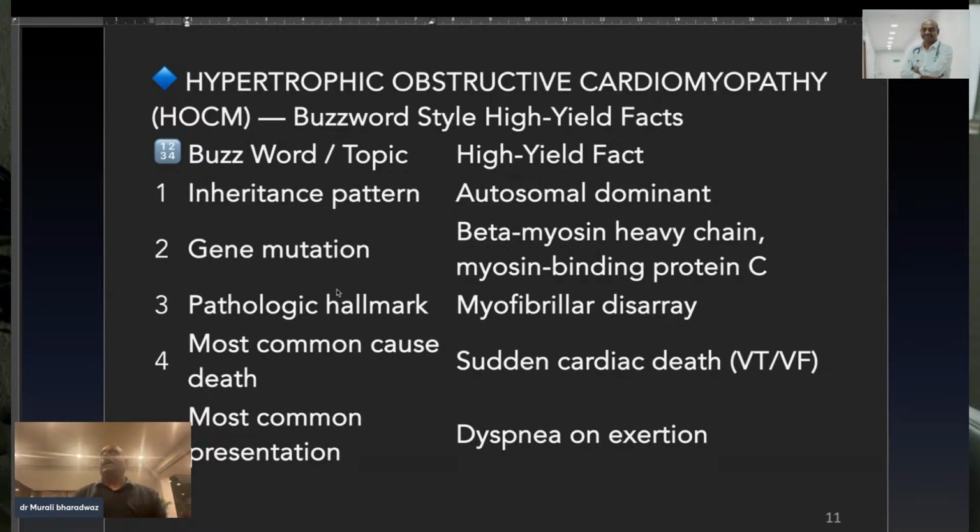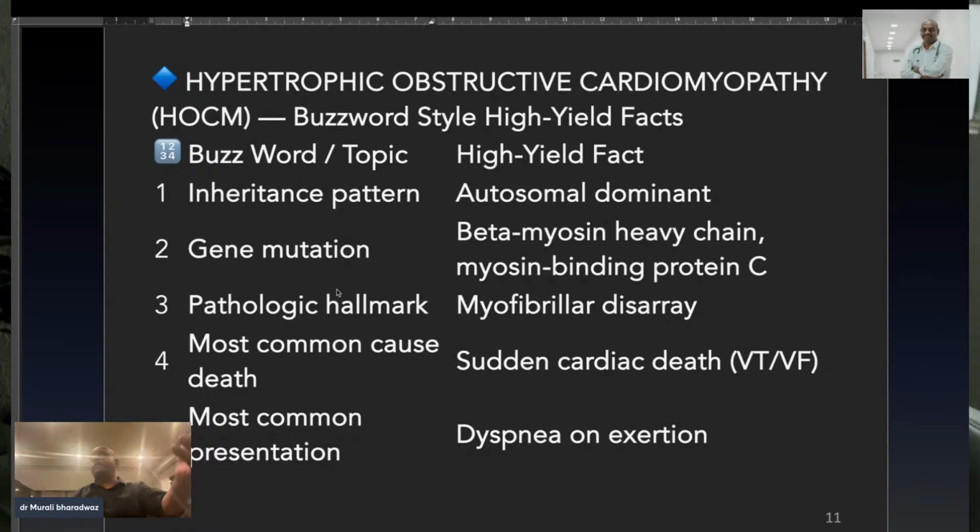Now, hypertrophic obstructive cardiomyopathy. What is the problem in this? The interventricular septum is enlarged, hypertrophied, and the anterior mitral valve leaflet will come and touch it, so that when blood flows from the left atrium into the left ventricle and from the left ventricle it has to go into the aorta, the left ventricular outflow tract is blocked by the touching between the anterior mitral leaflet and the hypertrophied interventricular septum.